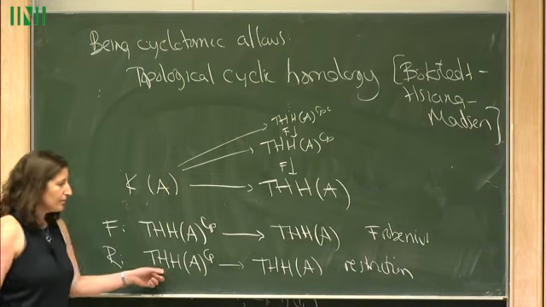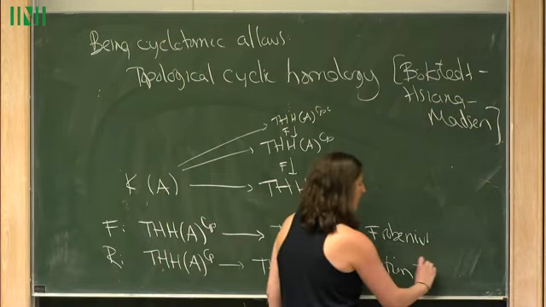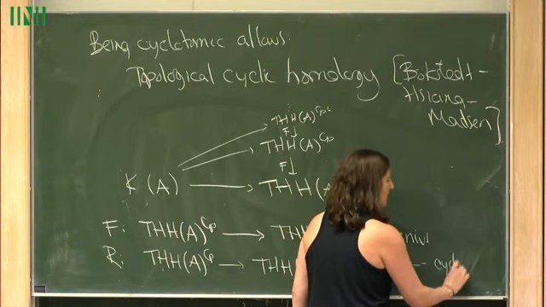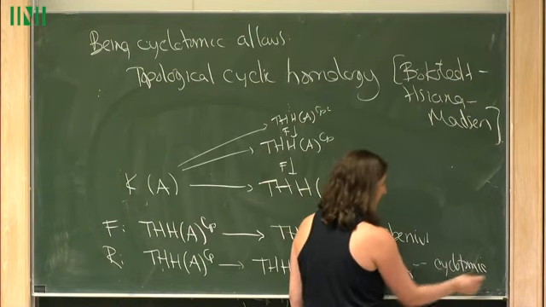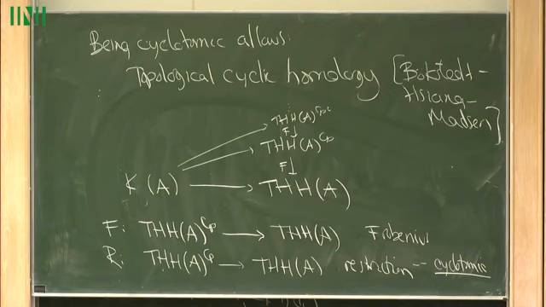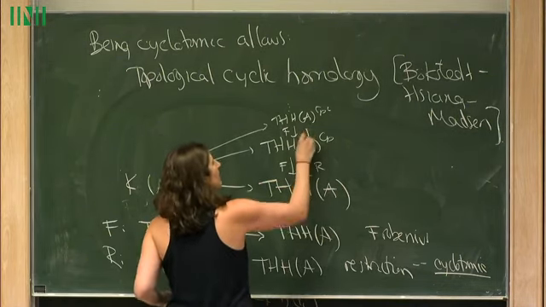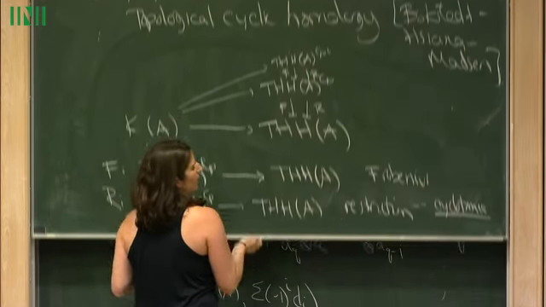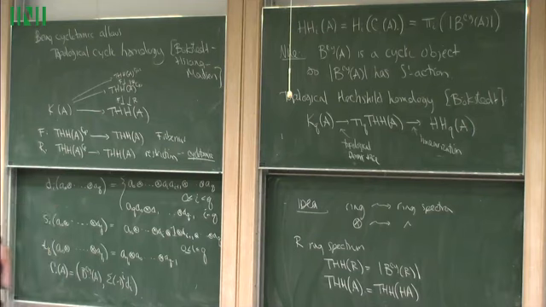And to define the restriction map, we need to know that THH is cyclotomic. We're not going to dive into how to define the restriction map, but it's where we use topological Hochschild homology as a cyclotomic spectrum. So the restriction map fits in my picture as well. And Bökstedt, Hsiang, and Madsen define topological cyclic homology as follows.